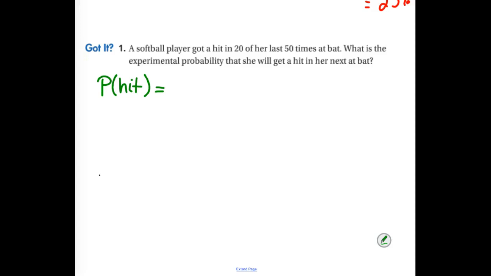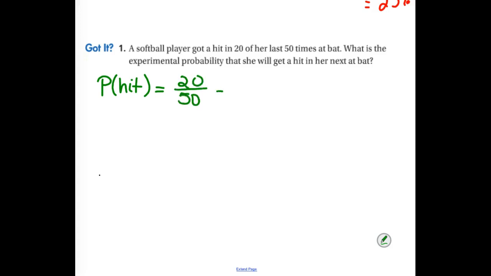What is the probability of getting a hit the next time she's at bat if our data says that she got a hit 20 times in her last 50 at-bats? What's the probability? As a fraction, what would we put? 20 over 50, okay.